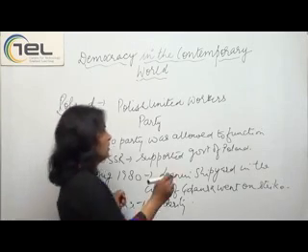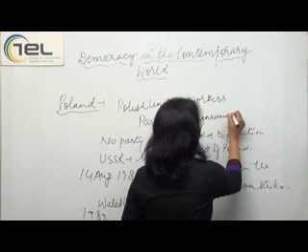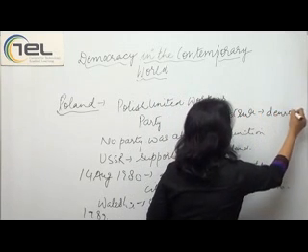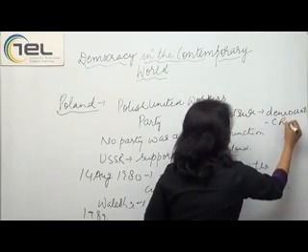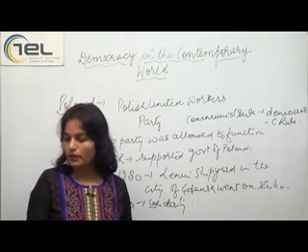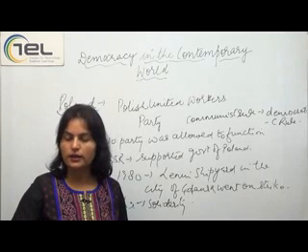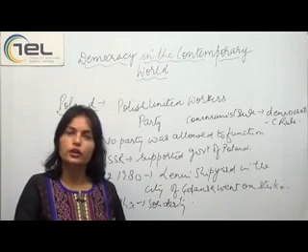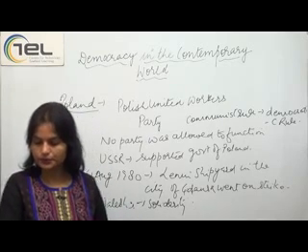So here we saw that the communist rule, that is the autocratic rule, was transformed into a democratic rule because people raised their voice. If people had not raised their voice, it would not have been possible. So what we can conclude is, until and unless people raise their voice for certain things, they cannot get their due rights.